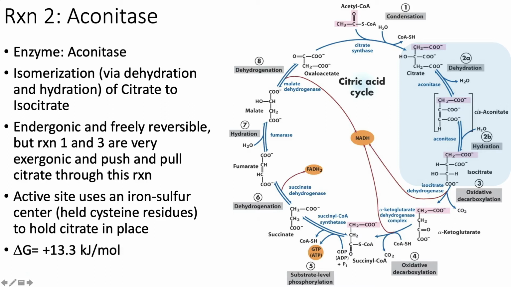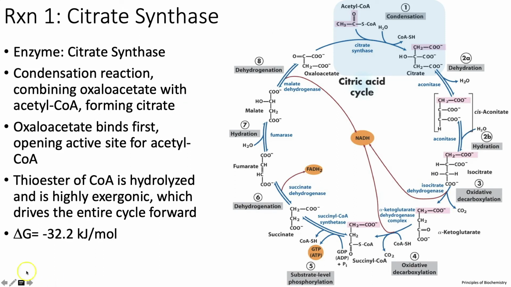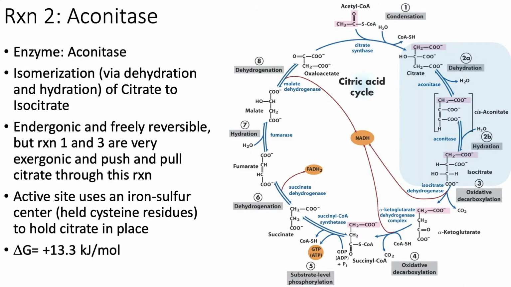Before we get into that, this is endergonic, but it's reversible. But the trick here of the citric acid cycle, it's similar to some of the steps in glycolysis, in that reaction number 1 and reaction number 3, which we're going to talk about next, are super duper exergonic. So I don't know if I mentioned that before. This is negative 32 kilojoules per mole for that first reaction we just talked about. And then the next one is also super exergonic.